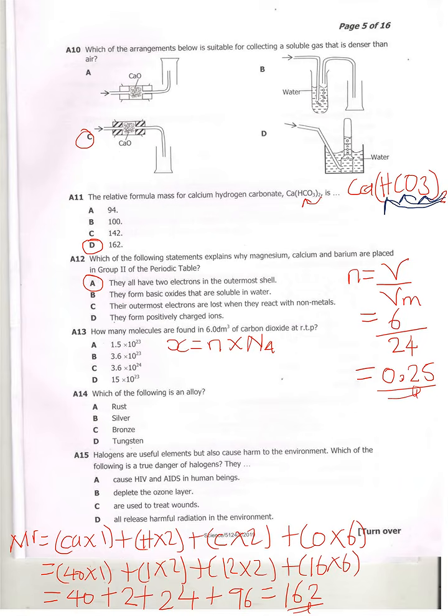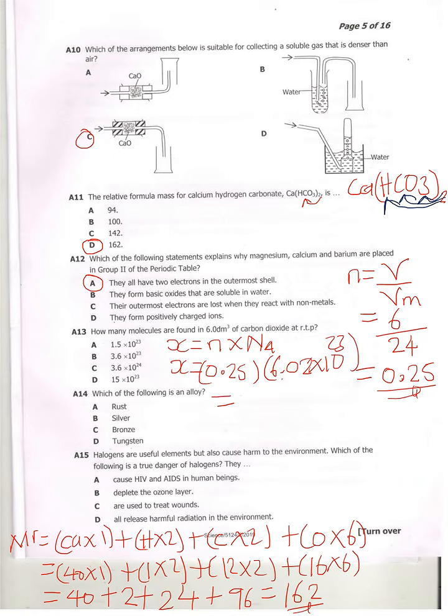Now we can move on to find the number of molecules. X is equal to the number of moles, 0.25, times Avogadro's constant, 6.02 times 10 to the power 23.